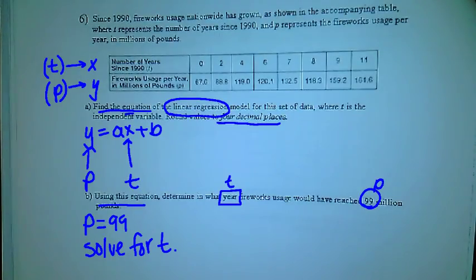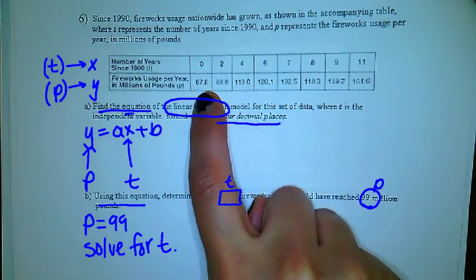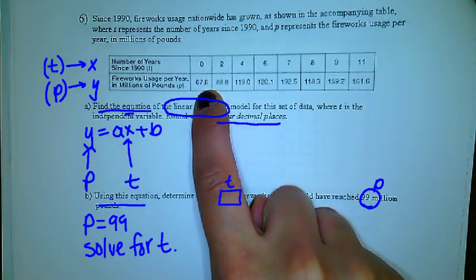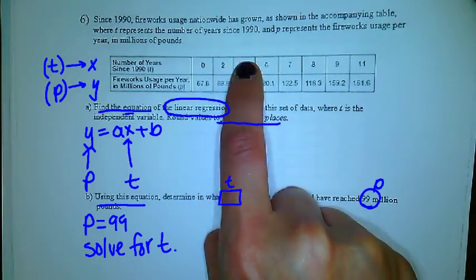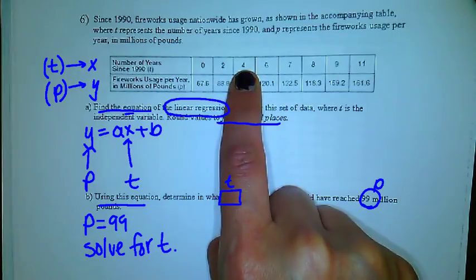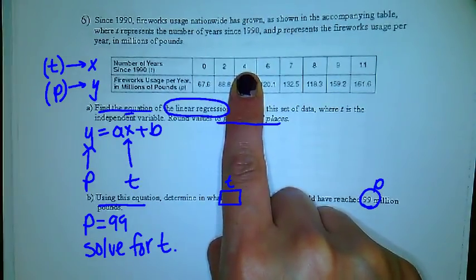And obviously, if you look at this, we have 67.6 here, 88, and then we go up to, so it's going to be between 2 and 4. Okay, that just makes sense.